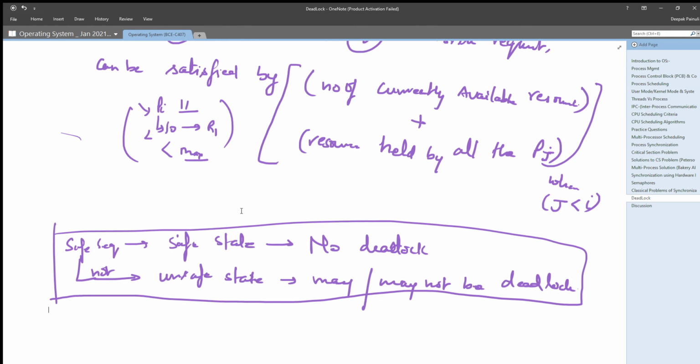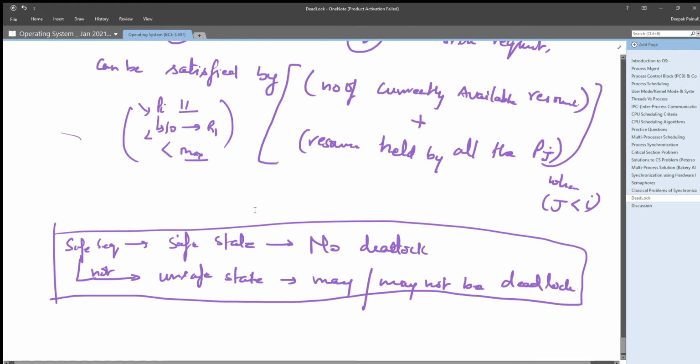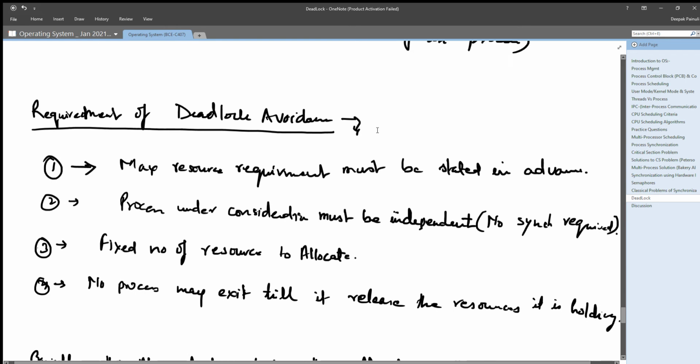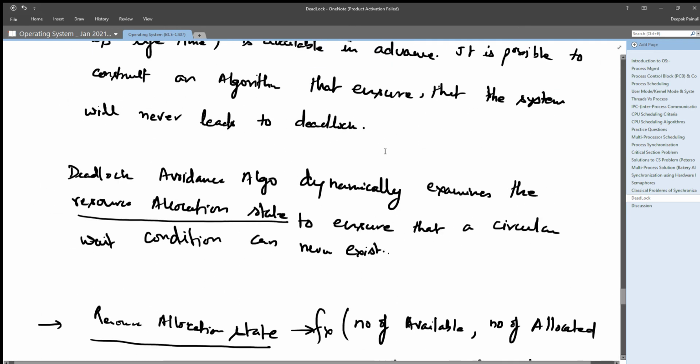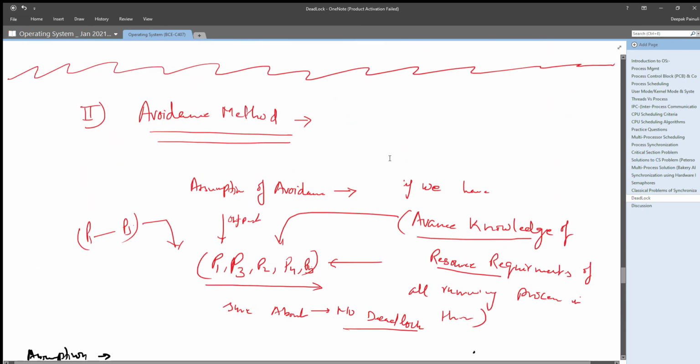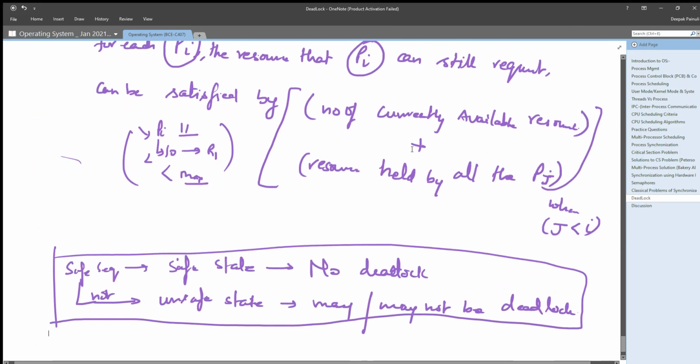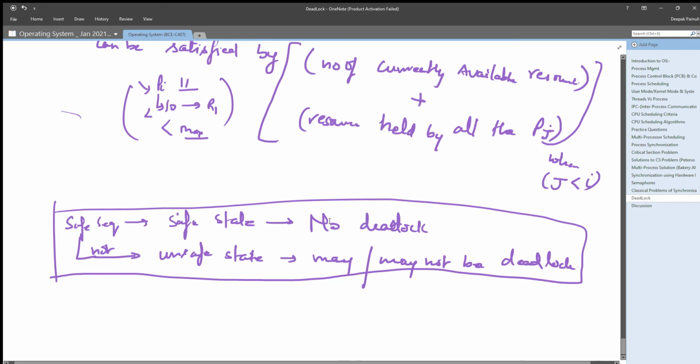Our avoidance method is simply based on the resource requirement of a particular process, as well as the existence of a safe sequence, right? So these are the basic assumptions of the avoidance method, what it needs and how it happens, and what we will do is simply find a safe sequence, right?